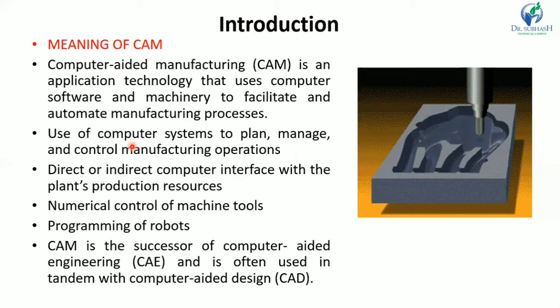CAM is used in many industries, or we can say in schools, alongside computer-aided design to create different objects. So it is the use of computer systems to plan, manage and control manufacturing operations, with direct or indirect computer interface with the plant's production resources. So this is computer-aided manufacturing.